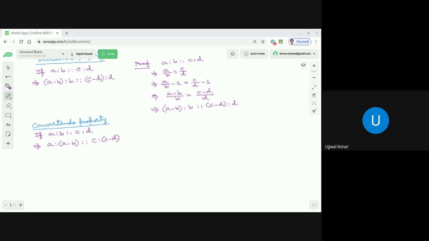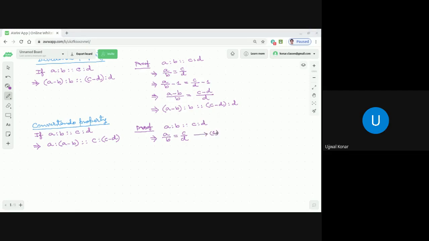So let us prove it. How to prove it? As it is given that A is to B is equal to C is to D, from here we can say A by B is equal to C by D. This we give as equation number 1.